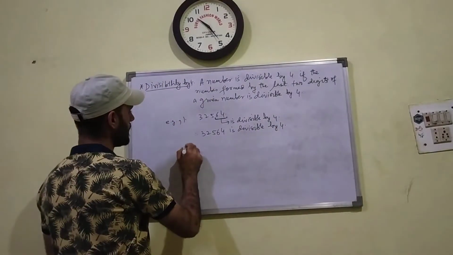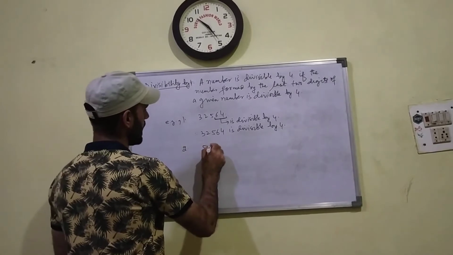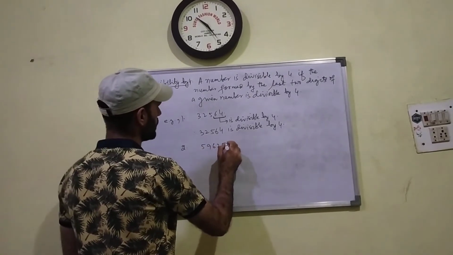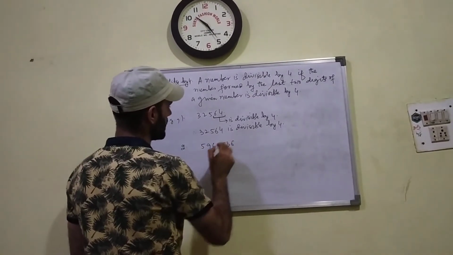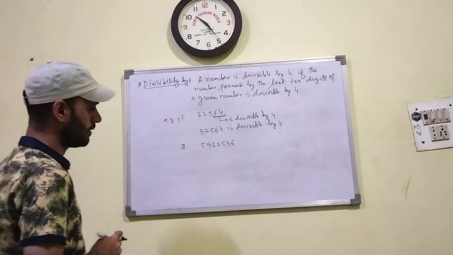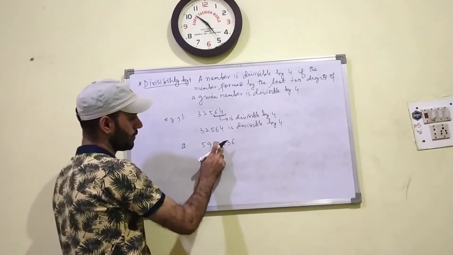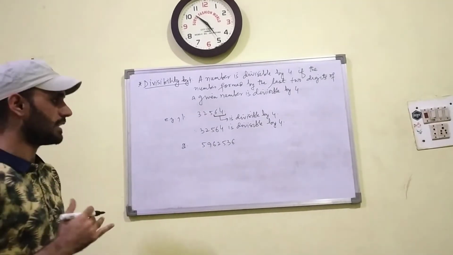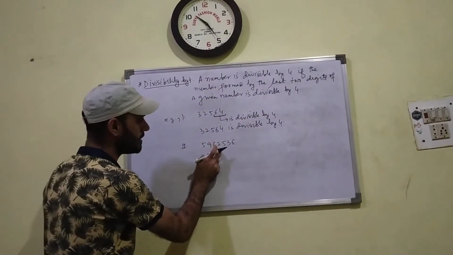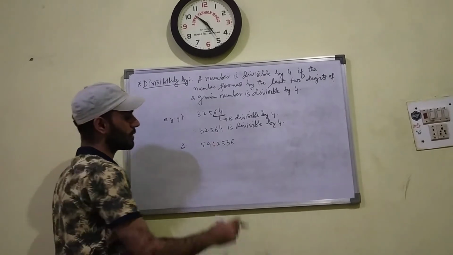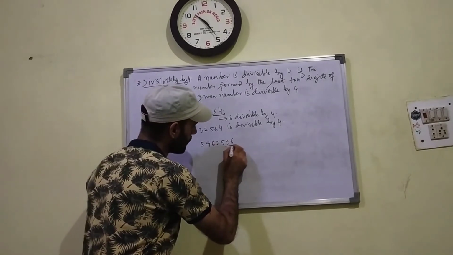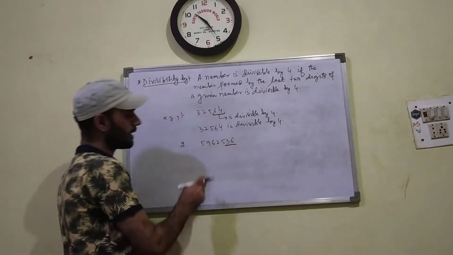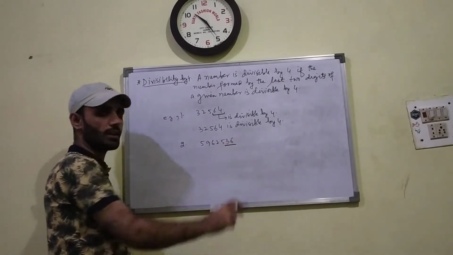Let's take another example. 5962536. It's a 7-digit number. Without actually dividing, we have to check whether it is divisible by 4 or not. What we have to do? We have to check the number formed by the last two digits. The number formed by the last two digits is 36.